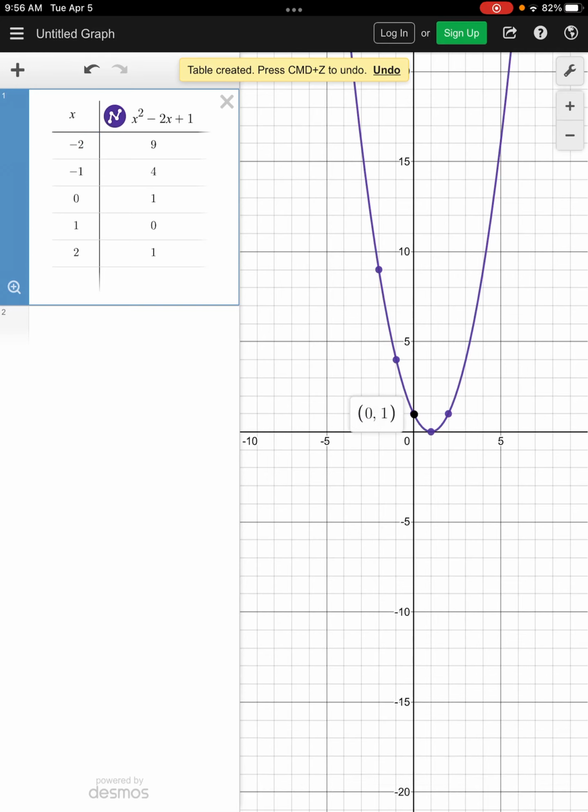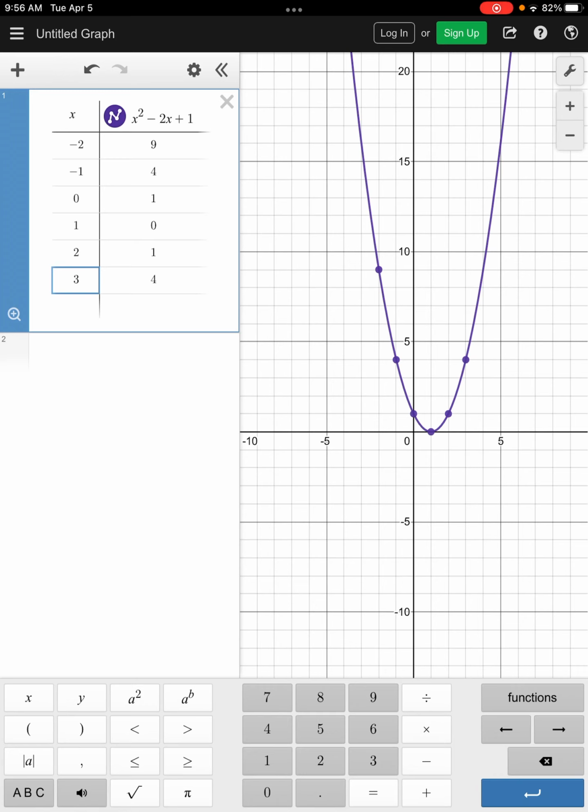I see 2 points to the left. I see the vertex at 1, 0, but I do not see 2 points to the right. So I have the x value of 1, x value of 2. My next x value is going to be 3. So I'm going to type a 3 in.